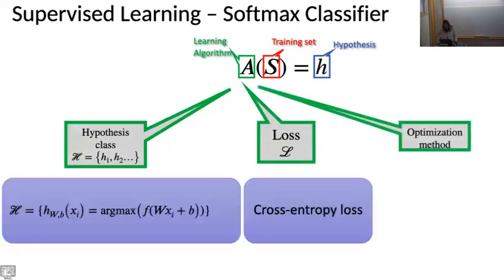The only thing that changed here from logistic regression is that now we have a different hypothesis class, because we're going to use an argmax of the softmax of this linear transformation, instead of predicting whether the output of the sigmoid is greater or lower than 0.